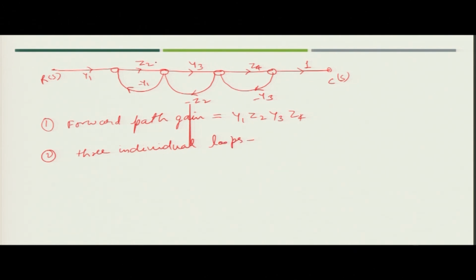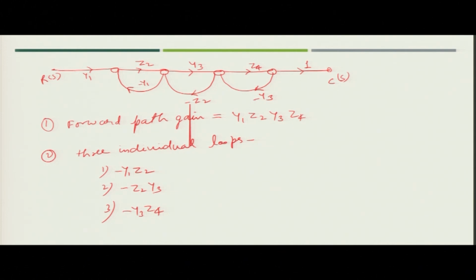First one will be minus of y 1 z 2, second would be minus of z 2 y 3, and third one will be minus of y 3 z 4. So, these will be the 3 individual loops which you will find.